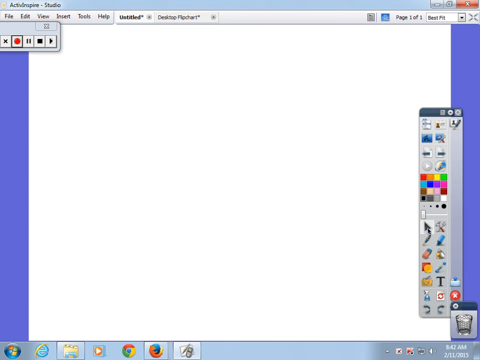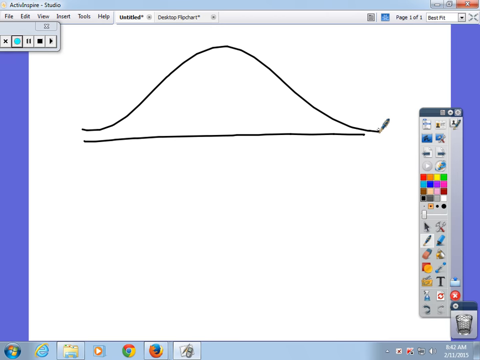So, alright, the empirical rule basically says this. You gotta help me with this one because I forget this one.